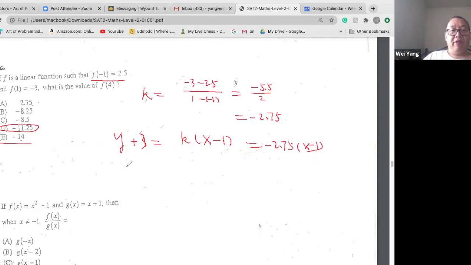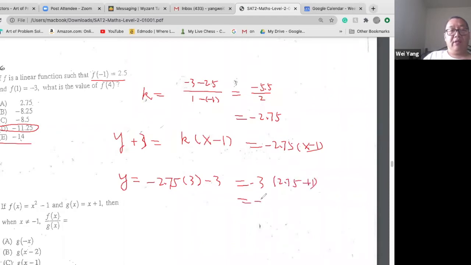Then from here, when x equals 4, you get y equals negative 2.75 times 3, then minus 3. So you can take negative 3 out, then you get 2.75 plus 1.